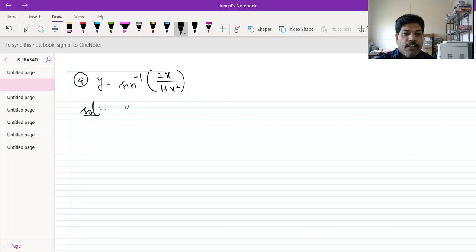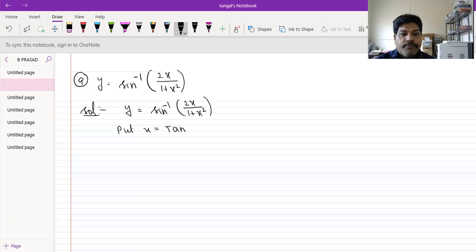First you have to take the given function: y is equal to sine inverse of 2x by 1 plus x square. Then I will put x is equal to tan theta.